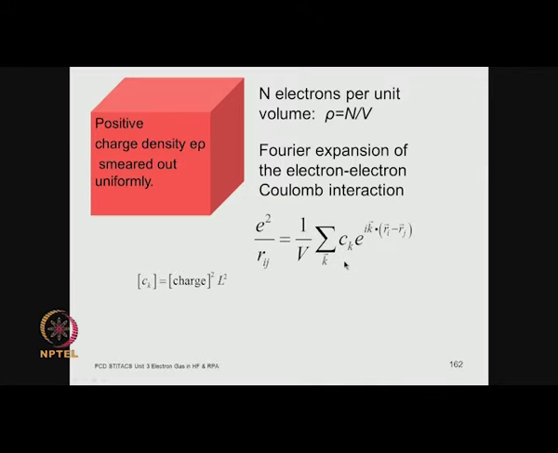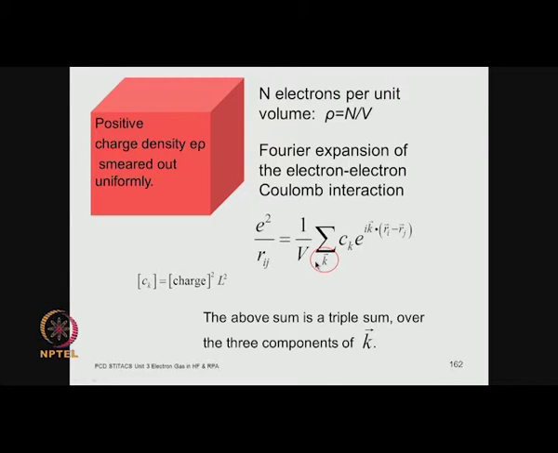Notice here that the coefficient C will have dimensions of charge square over length square, okay, because this will have a dimension of charge square over length. So this is charge square over length square, and then there is a volume over here. So this is charge square into L square divided by L cube. So you will get charge square over length. So those are the dimensions of the coefficient C_k.